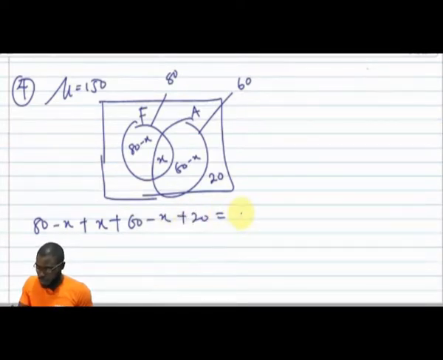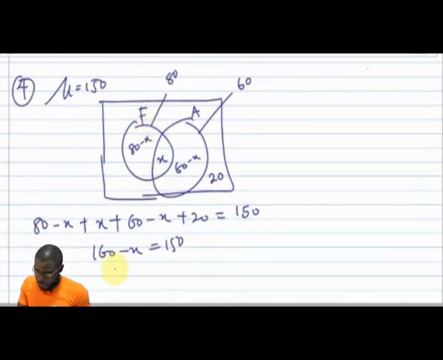Everything sums up to what? 150. Now, this minus X plus X goes. 80 plus 60 is 140. So 140 plus 20 is 160. So we have 160 minus X equals 150. Remember, what we're looking for is X, those that offer both French and Arabic.